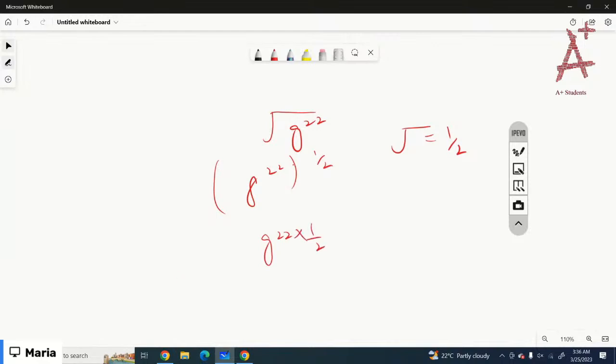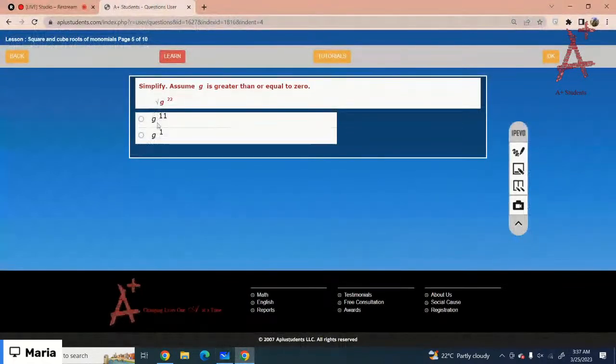Got it? 22 over 2 is 11, so it would be g exponent 11. So the correct option is yes, g exponent 11 is the correct option.